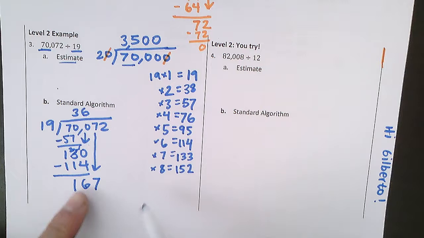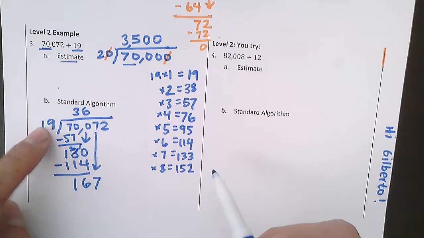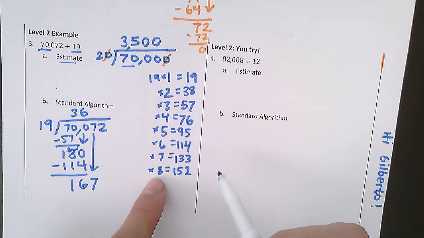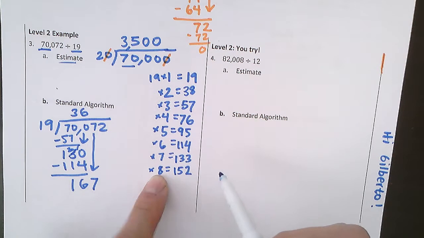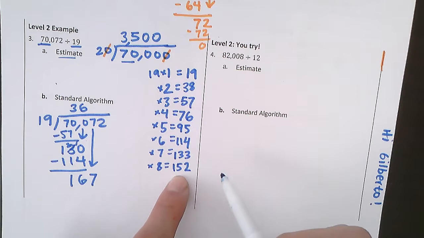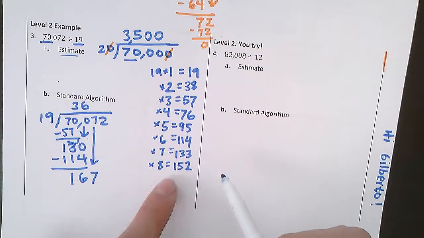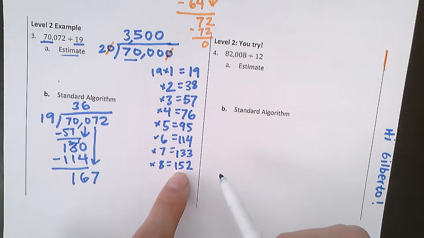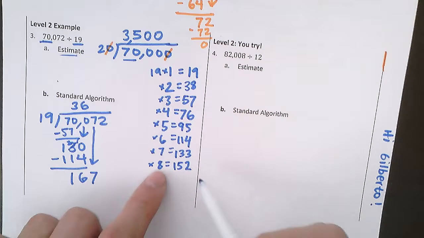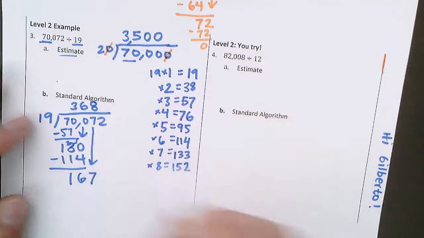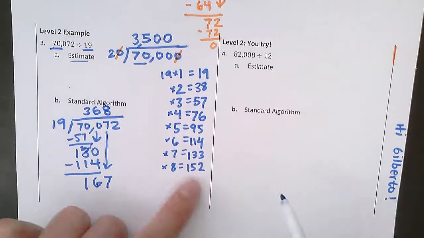167. How many times can 19 go into 167? Well, let's check here. 19 times 8 is 152. And I know that 167 is only 17 away from 152, so not a full 19 away, so it's going to be this right here. 8 times 19 is 152.